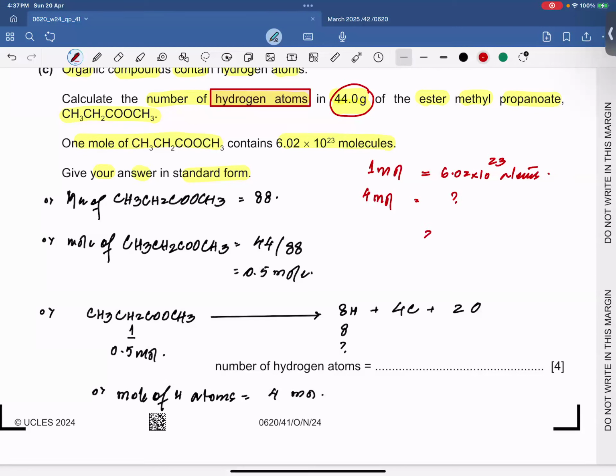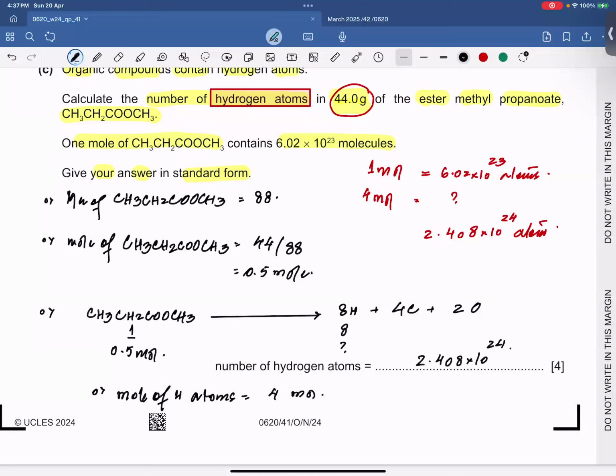So it becomes 2.408 into 10 to the power 24 atoms. Let me check my calculation again. 44 divided by 88, I'll get 0.5. 0.5 multiplied by 8 is 4, into 6.02 exponent 23. So 2.408. That's the right answer, okay?